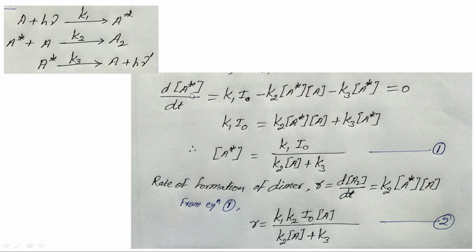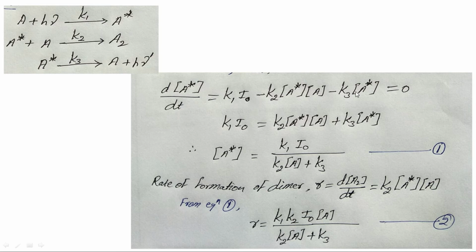So the rate of formation is equal to K1 into the intensity of incident radiation minus K2 into concentration of A* into A minus K3 into concentration of A*, and the algebraic sum of all that is equal to 0 according to the steady state principle.